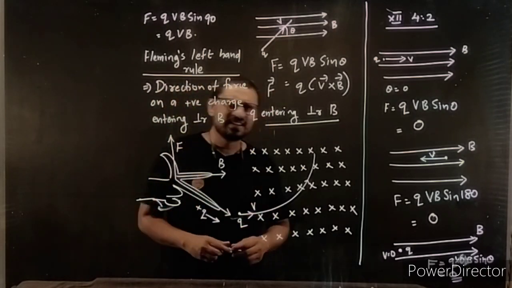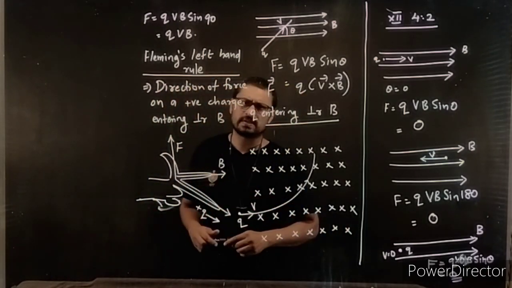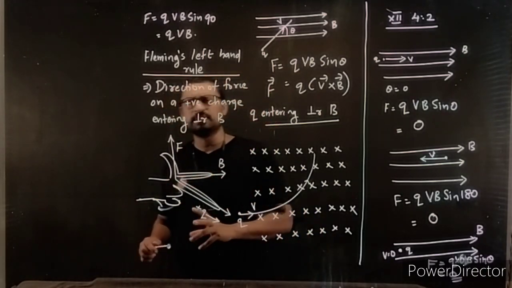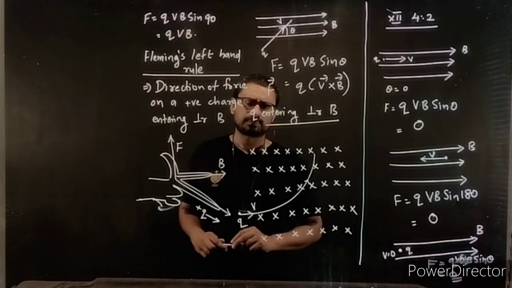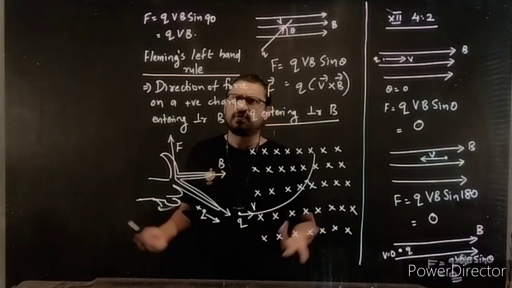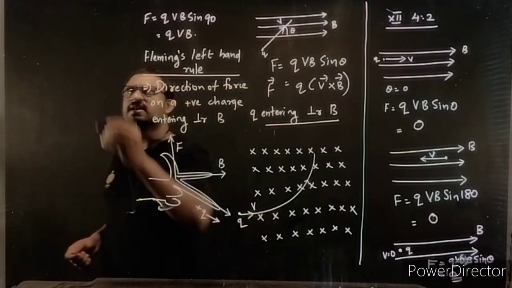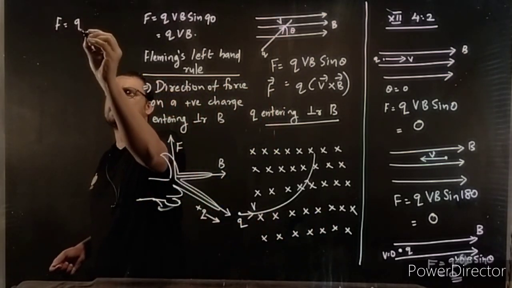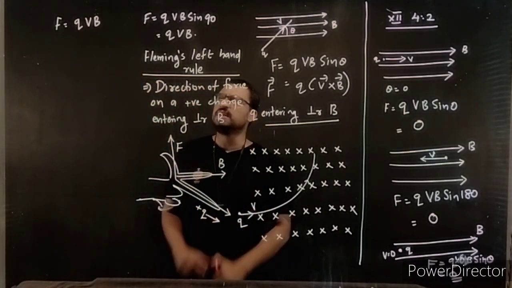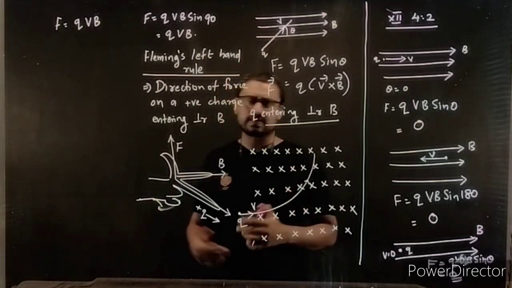Do you know something? If a force is perpendicular to velocity, that type of force is actually centripetal force, isn't it? So the force here is QVB, and that force is perpendicular to velocity.